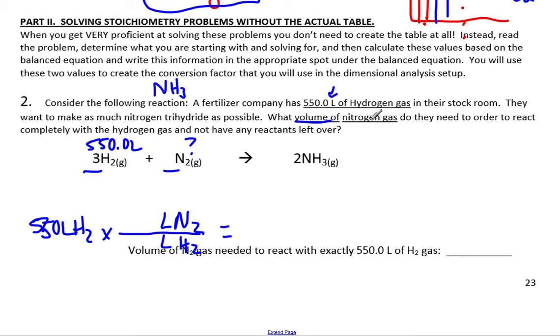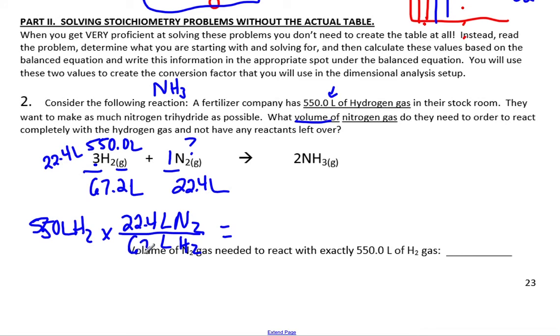It has to be for gases. I don't care what kind of gas it is as long as it's a gas, and I use the coefficient. So hydrogen, 3 moles times 22.4 each. Remember, 1 mole is 22.4 liters. 3 times that is 67.2 liters. This is 1 mole, so that's easy. That's just 22.4 liters. So nitrogen, 22.4, that would be in my table.